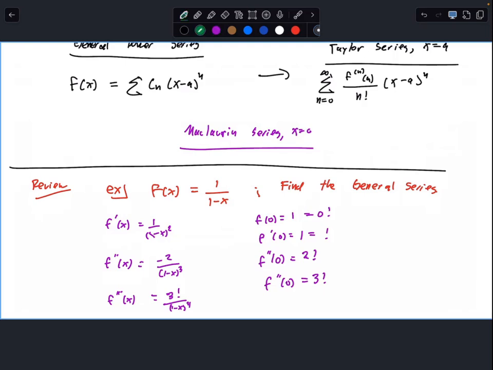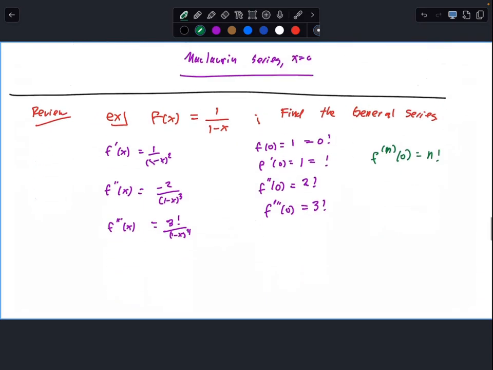And so we can induce that the nth derivative at 0 is going to give me, oh, so there's a 3 here, that's why it's there. Now that should be clear. It is n factorial.